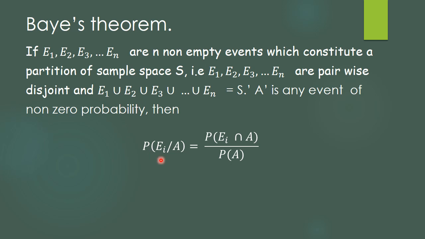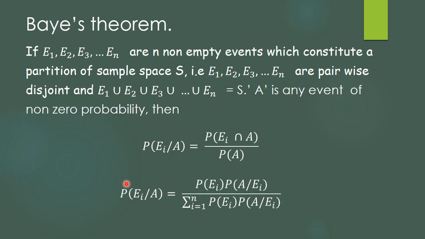the probability of Ei given A, by conditional probability, is nothing but the probability of Ei intersection A upon the probability of A. Now to calculate the probability of A, we have to use the total probability theorem, and so we get P(Ei given A) is P(Ei) into P(A given Ei) upon the summation of P(Ei) into P(A given Ei), with i going from 1 to n.